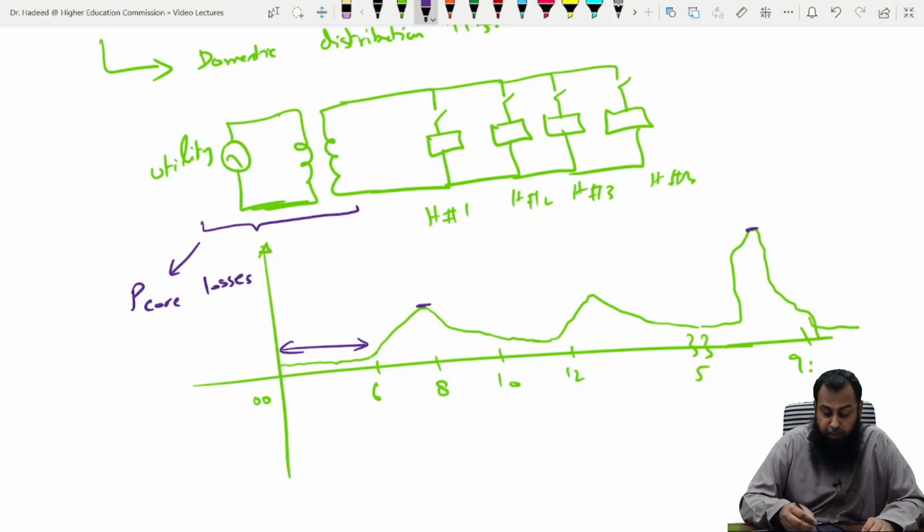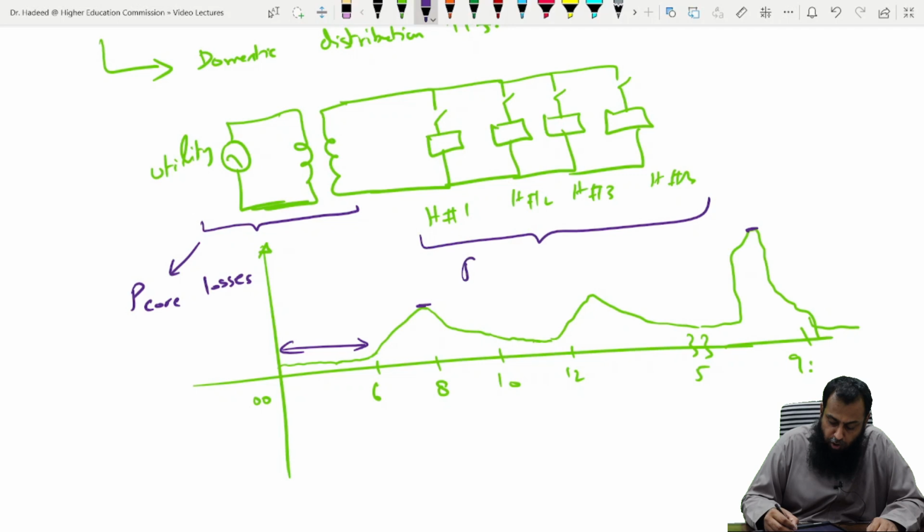We cannot disconnect the transformer from the mains just because we have a minimum load available here, because as per the contract, the utility has to supply the consumer with a continuous supply of electricity. However, the copper losses actually vary with the amount of loading on the secondary winding.